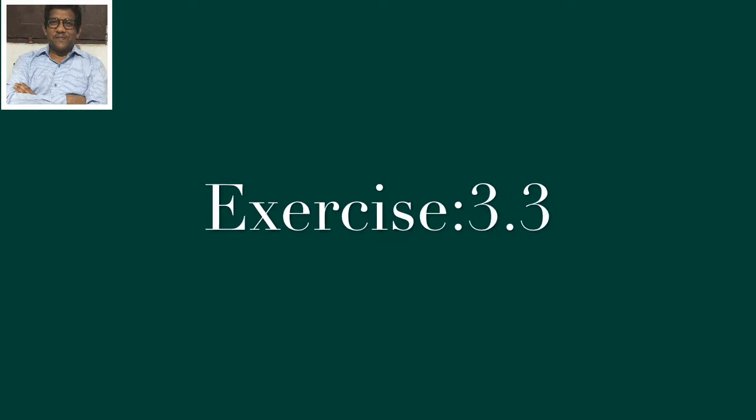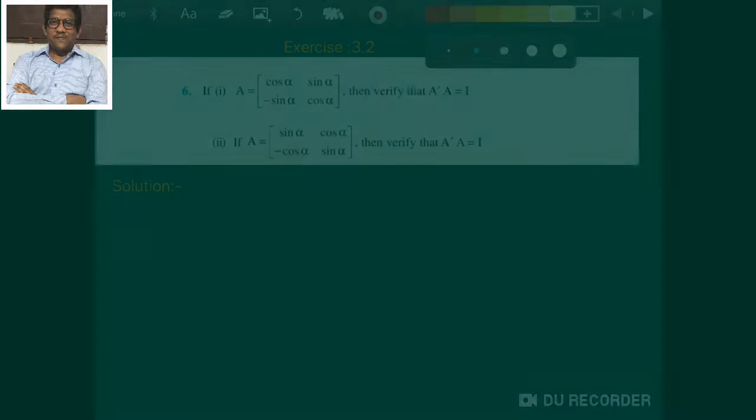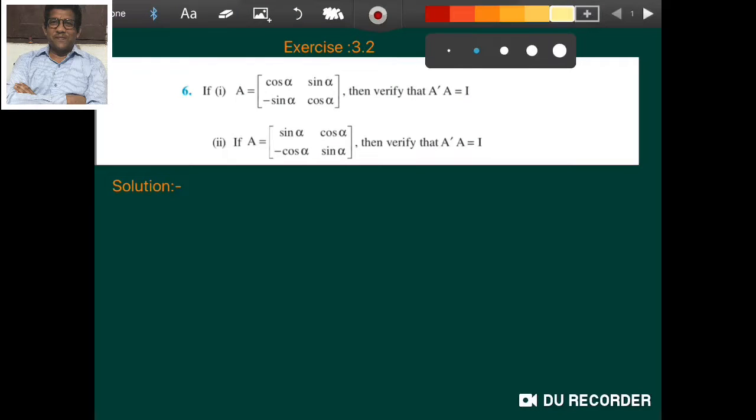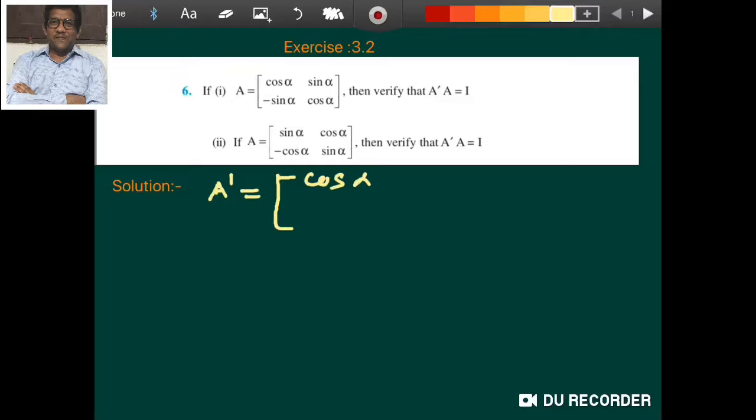Exercise 3.3. Now we are going to discuss some important questions on exercise 3.3. In question number 6, matrix A is given. We have to verify that A dash into A is equal to I. Look at here. A dash is equal to cos alpha sin alpha minus sin alpha cos alpha.